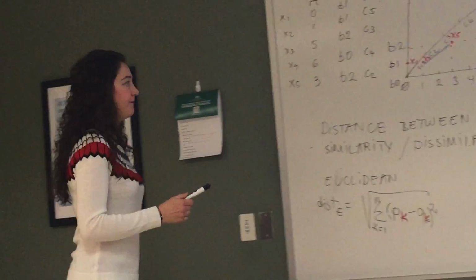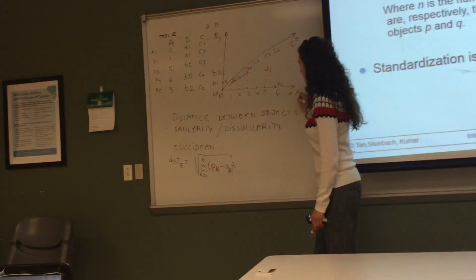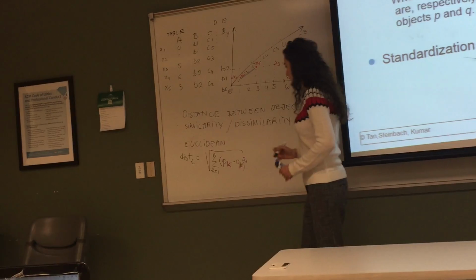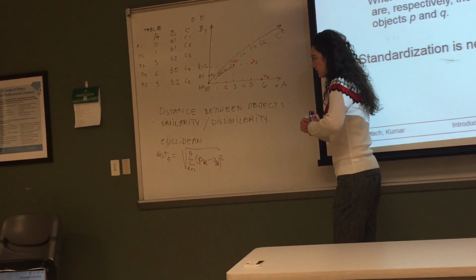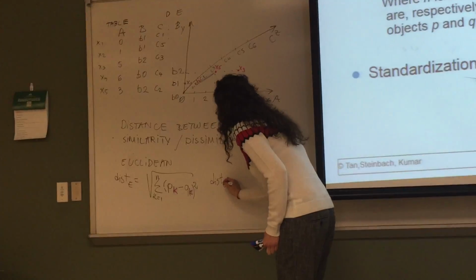So if we have two attributes, one of them was A, the other one was B, then our distance will look like this.